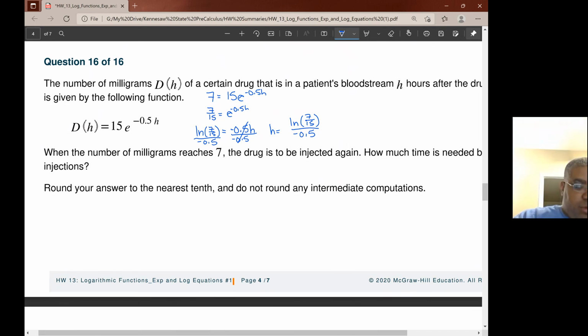So natural log of 7 over 15 over negative 0.5. And I end up with, rounded to the nearest tenth, 1.5 hours.